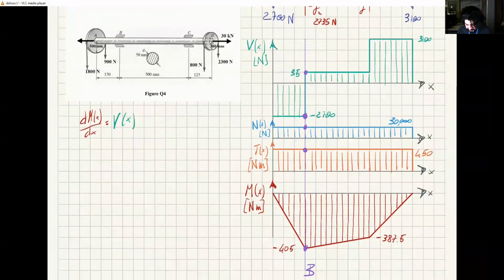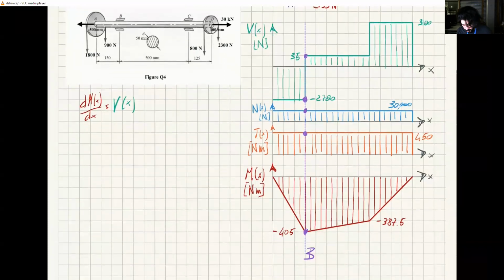So starting from here, now that we have all the values, we have that at point B the normal force is 30,000 newtons.